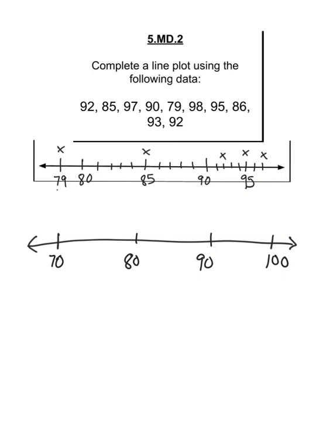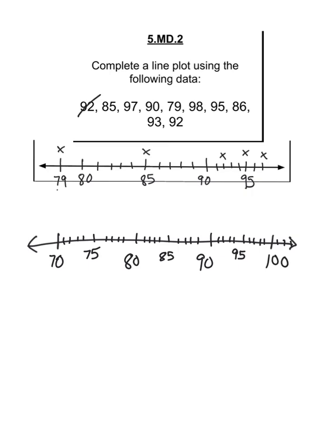And for my second attempt, I'm going to choose my intervals going by 10s. So I'm going to have 70, 80, 90, and 100. I think that'll work better for me. So let me go ahead and mark 75, 85, 95, and then 1, 2, 3, 4, 1, 2, 3, 4. Okay, that's going to be so much better.